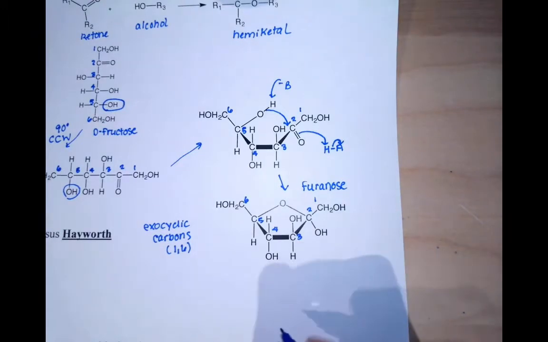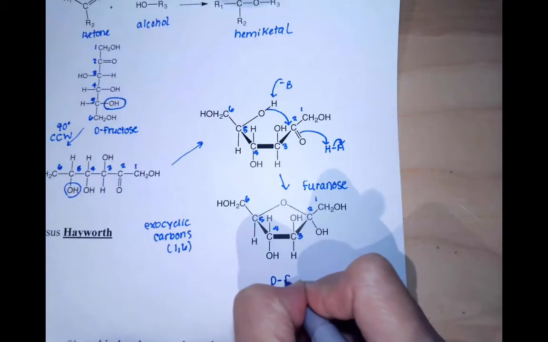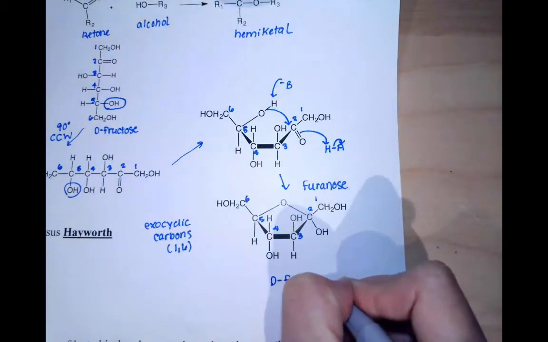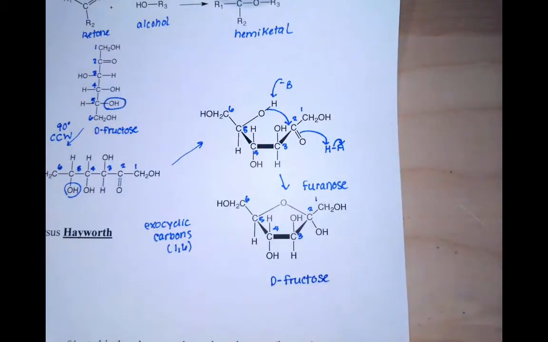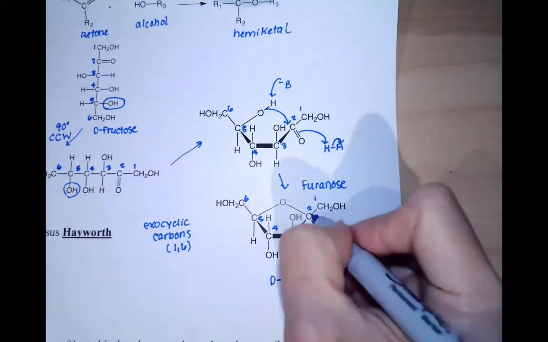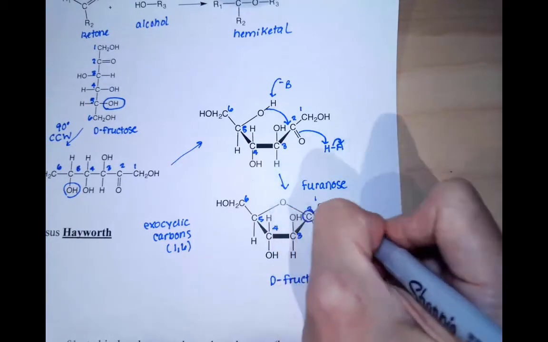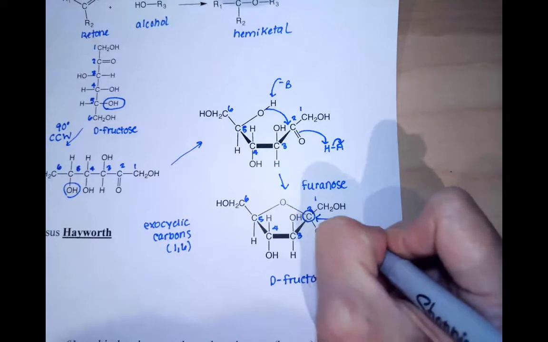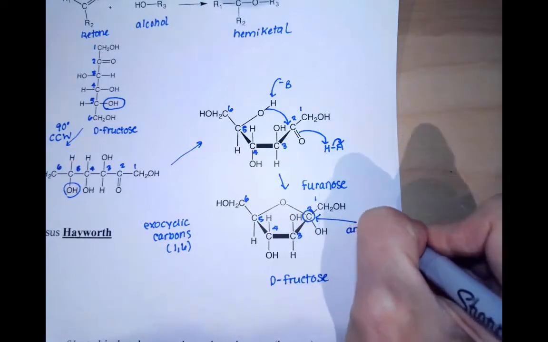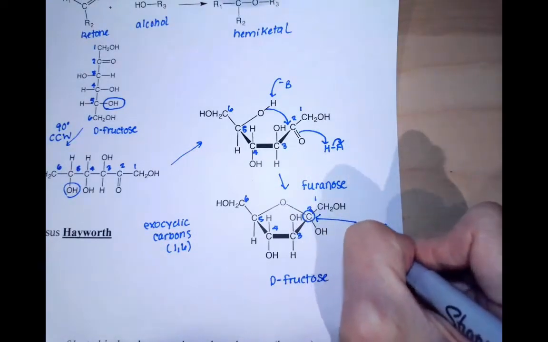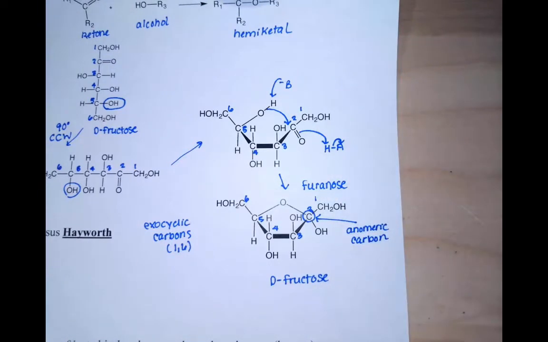So this is still D-fructose, but now we have to designate whether it's an alpha or a beta. So this carbon here, that's our anomeric carbon. So remember, that was a carbon that used to have an oxygen double bonded to it. Now it no longer does. It's now a chiral carbon.